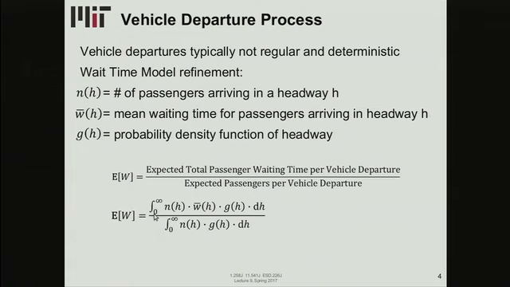We have integrals, in this case from 0 to infinity, because headways can't be negative. So we're not going from negative infinity to positive infinity. And we're saying, for any given headway, we'll multiply the number of people times how much they wait on average times the probability that I see that headway, and let's integrate over all possible headways and divide that by the number of people on each headway. Does that make sense conceptually?